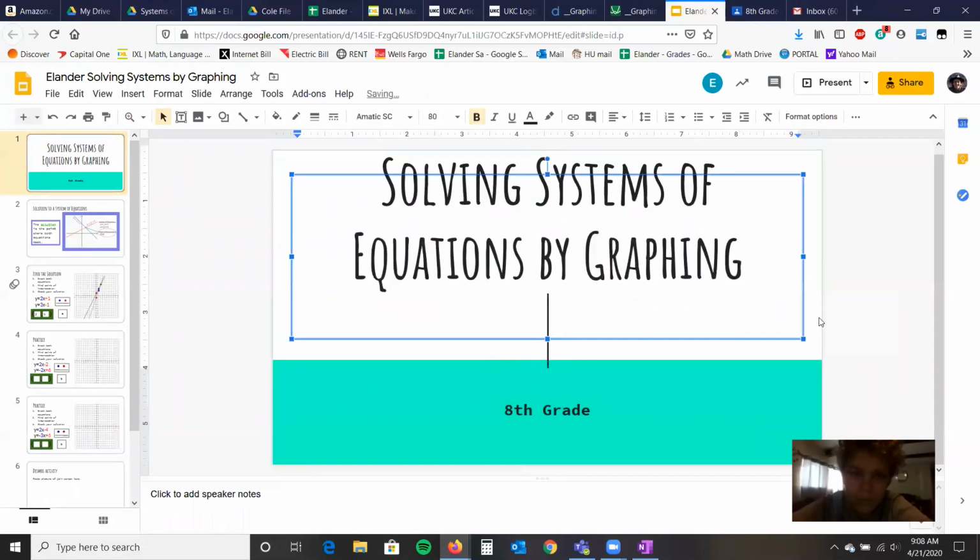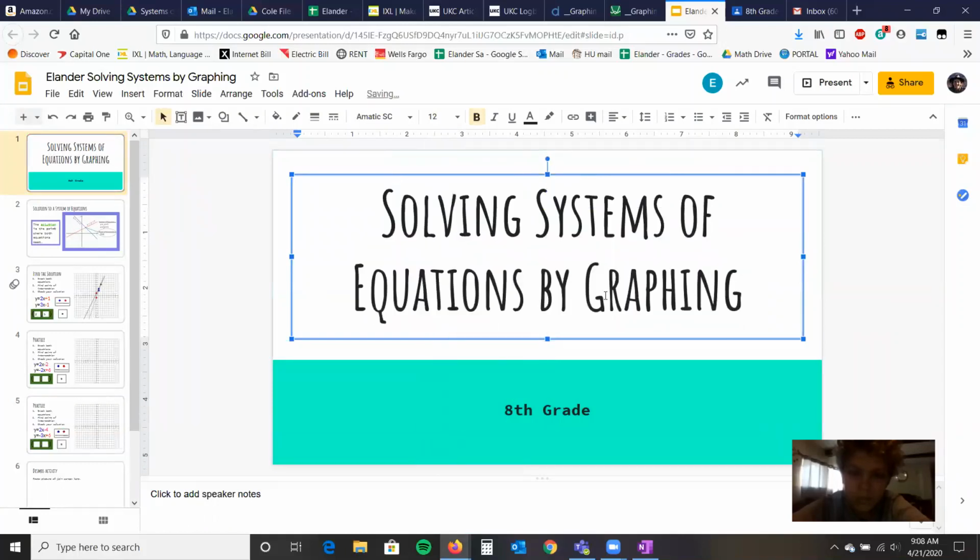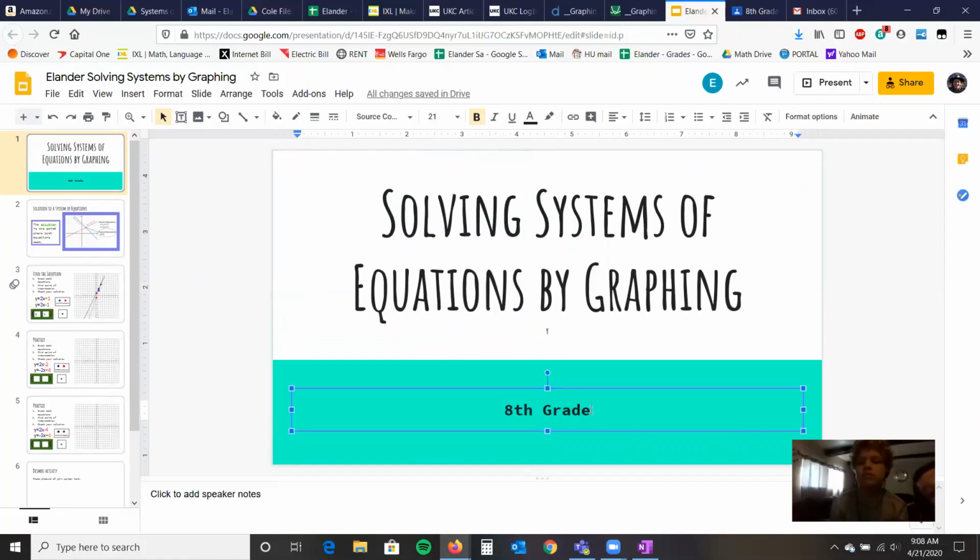So if you need a visual, maybe I could do it like this. Let's say we had y equals 2x plus 3. I'm just making up an equation. And the other equation is y equals x minus 2.